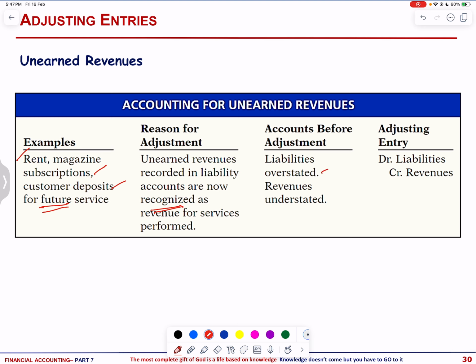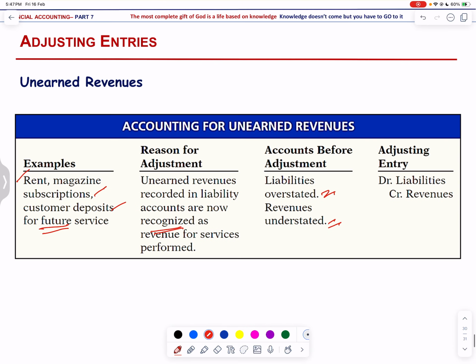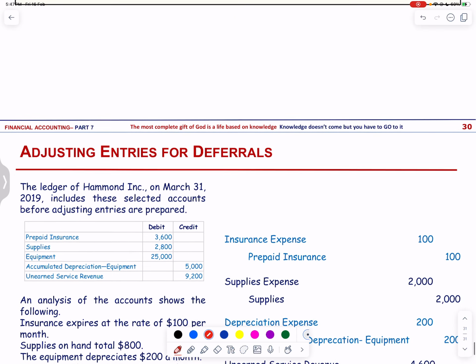Liabilities are overstated, revenue is understated. So if liabilities are overstated, they have to be debited, and if revenues are understated, revenues have to be credited to get the correct value.